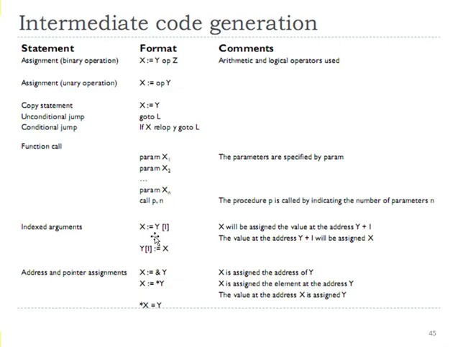Then the address and pointer assignments. We can also use pointer assignments, as we can recall from how we use pointers. So x assigned the address of y. That means if we already have a declaration of pointer x, we can assign the address of y to the pointer variable x like this, and this does not violate the requirements of three address code.